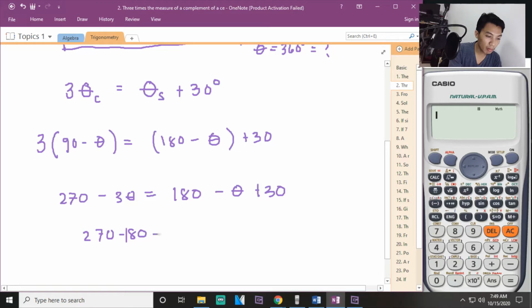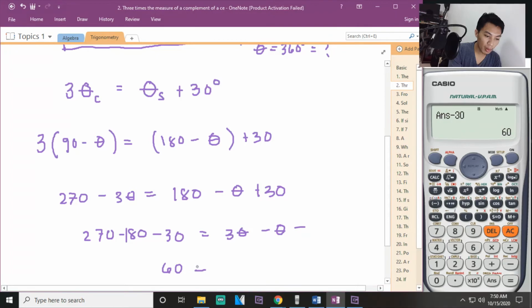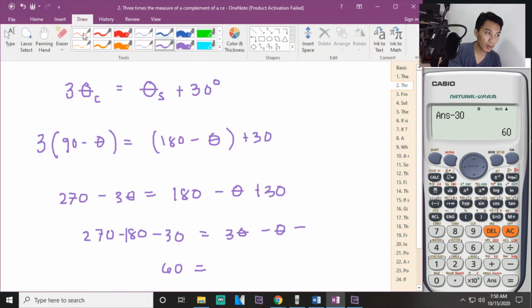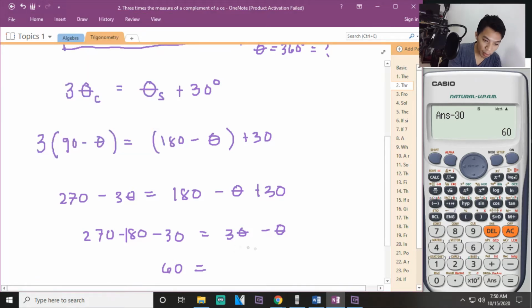Then we simplify. 270 minus 180, 90 minus 30, that is 60. So, you have 60 equal to 3 theta minus theta, that will be 2 theta.